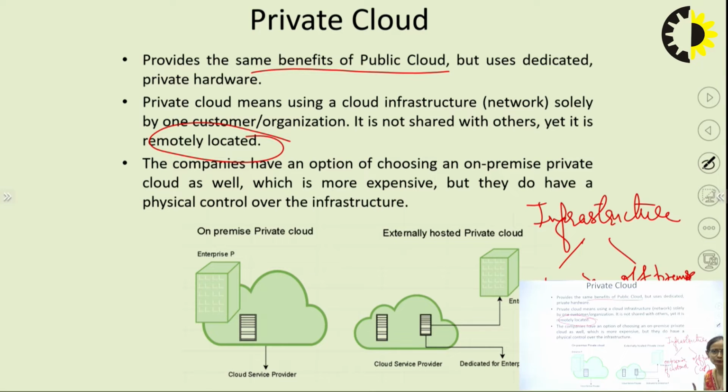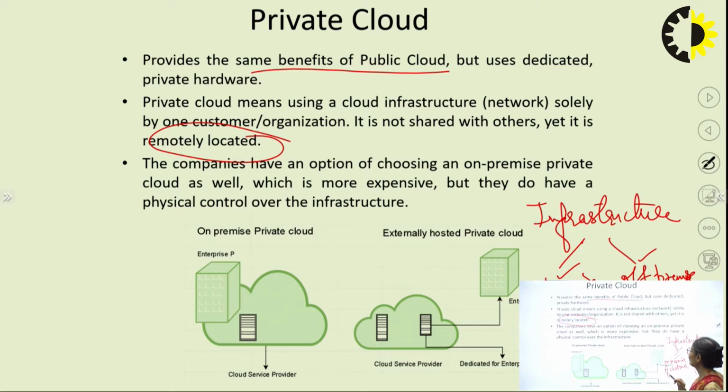So both kinds of models are possible. In the case of the private cloud, the infrastructure and the services can be present with the customer, and the cloud service providers provide their teams to manage and support these services to the organization. In the second concept, all the services, your platform, everything is with the CSP. So both the models are supported in the case of private cloud.